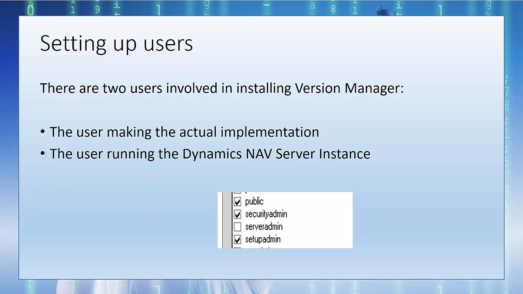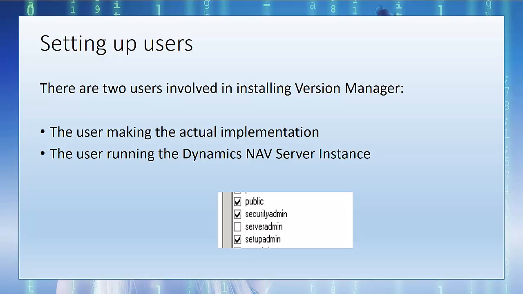There are two users involved in installing Version Manager: the user making the actual implementation and the user running the Dynamics Nav server instance. When installing Dynamics Nav from the installation media, a SQL Server Express version can be installed too. In that process, the user making the actual implementation is automatically given the privileges as sysadmin.